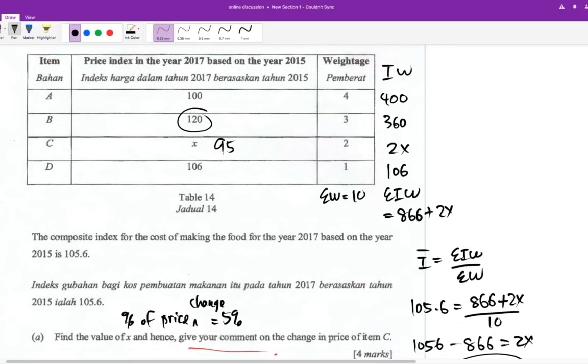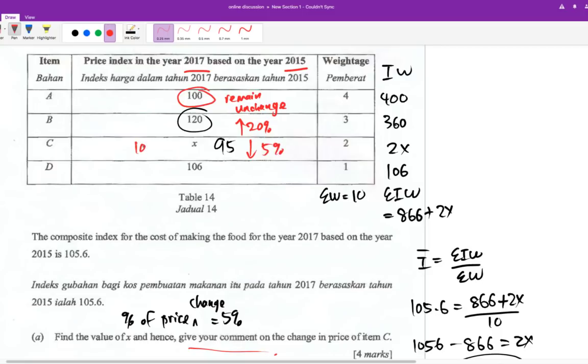If I write 100 over here, it means the price from 2015 to 2017 remained unchanged. If the price index is 120, it basically means the price from 2015 to 2017 increased 20%. This is the reason why when the price index is 95, it means the price decreased 5%.